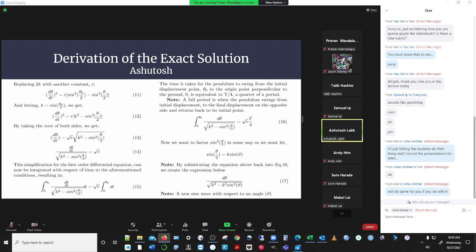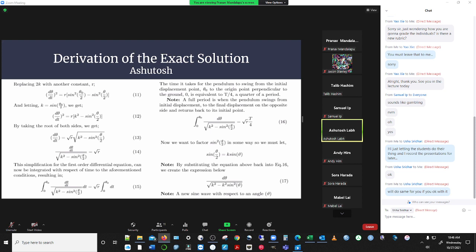So what we do now is that, remember the initial conditions we had, we integrate this with our initial conditions, which gives us equation 15, which is the integration with the upper bound being theta subscript 0 and the lower bound being 0, and that's the integration with respect to time of d theta over dt over root k squared minus sine squared theta over 2, which is equal to root r, and the integration with respect to time to find the angular displacement there.